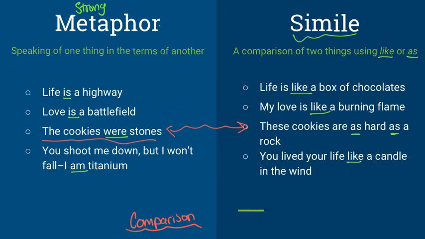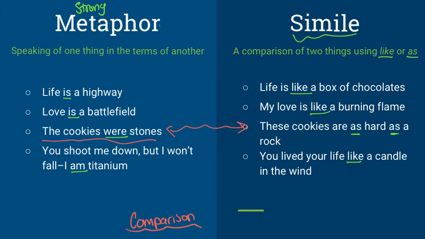All of that work is done by me saying the cookies were stones because I'm implying that the stones are hard, and then through that suggesting that the cookies are hard too. But with simile, I have to first establish that the cookies are hard, and then I need to link that to something that is hard, which are rocks, just to prove that sort of emphasis that I'm trying to do through my comparison.